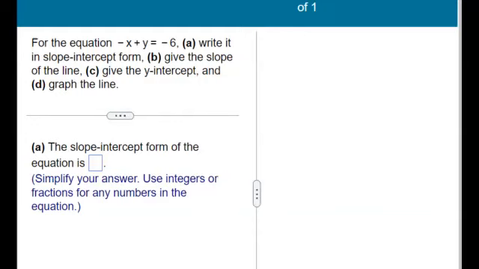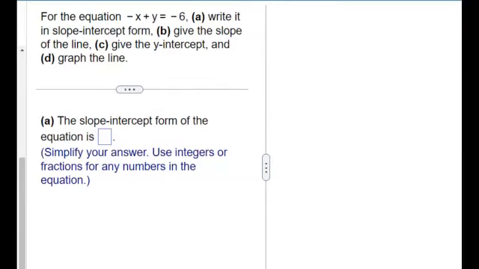All right, now they want us, from this equation, to put it into slope-intercept form, write down the slope, write down the y-intercept, and make a graph. What they have given us is minus x plus y equals minus 6.